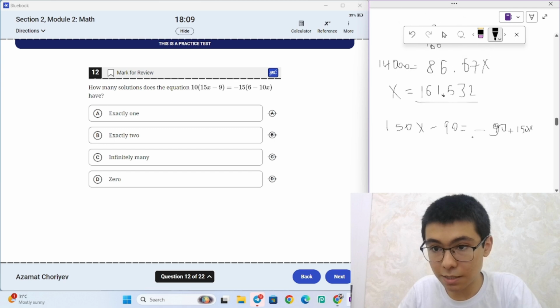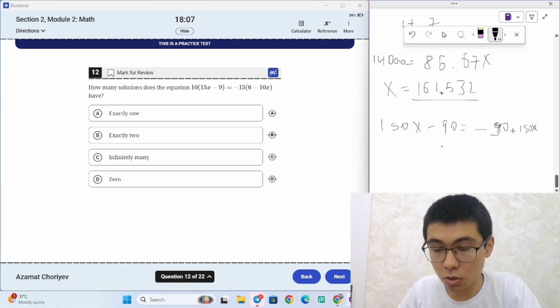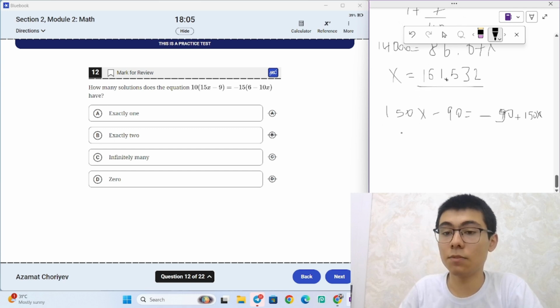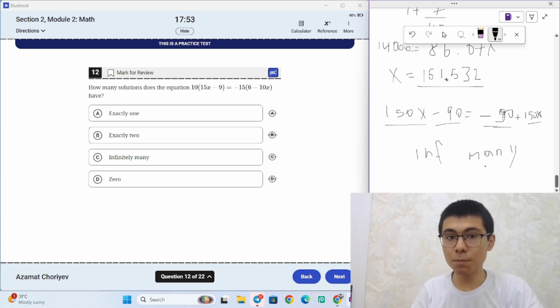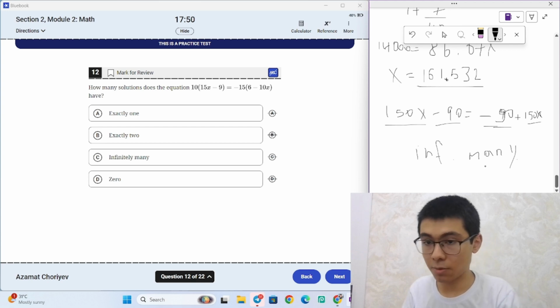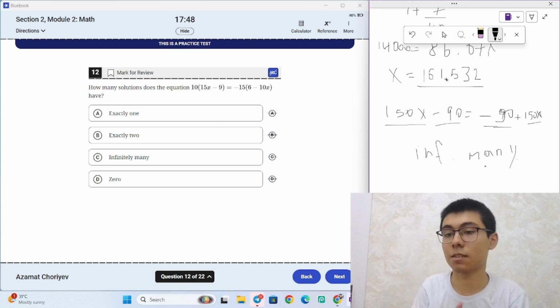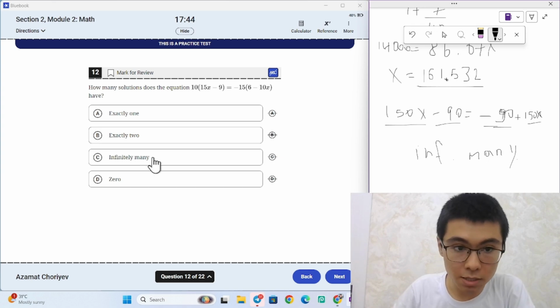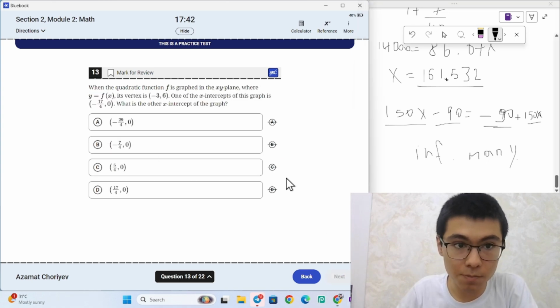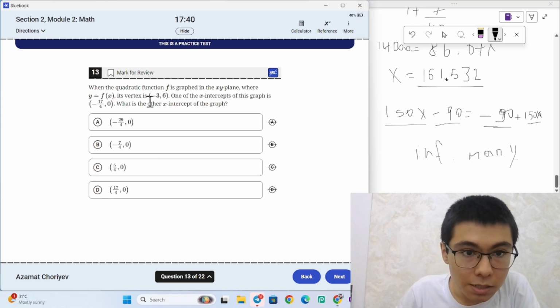This equation is the same, right? So if even the slope and the y-intercepts of both equations are the same, it's going to be infinitely many solutions. If the slope is the same and the y-intercept is different, then there will be 0 solutions. So in this case, infinitely many solutions. Question number 13.